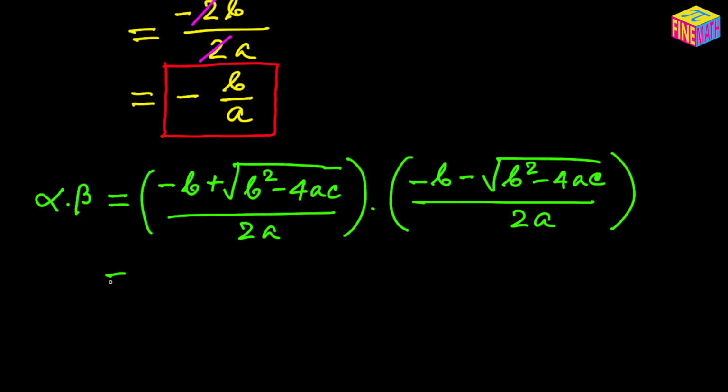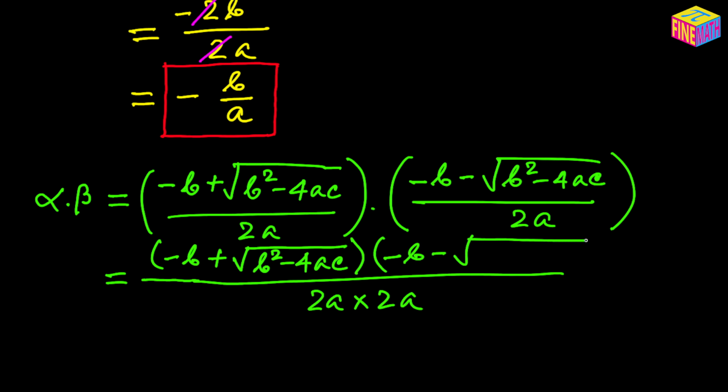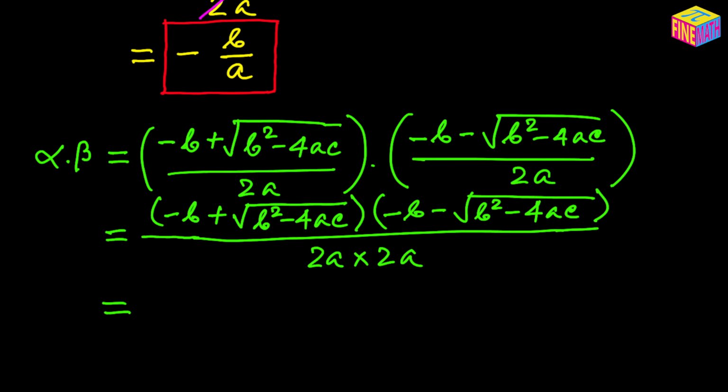So from here, let's remove the parentheses, and in the denominator we will have 2a times 2a, that will be 4a squared, and then in the numerator we have negative b plus square root of b squared minus 4ac times negative b minus square root of b squared minus 4ac, right? And now let's try to simplify this.